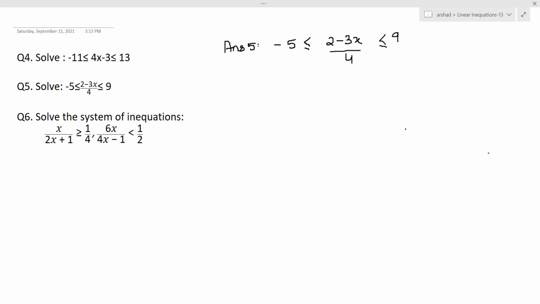Okay, so Ikhra, can you tell me how can we remove this 4? So should we multiply? Multiply by 4. Very good. So multiply.